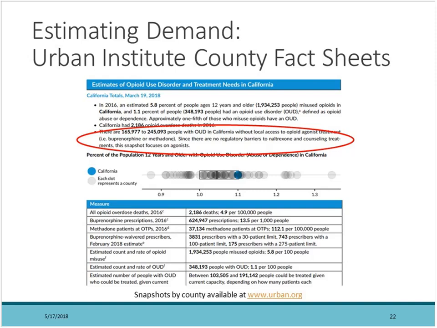Across the state, they estimate that there were about 2 million people in 2016 who misused opioids. About 1/5 of those, about 250,000, had opioid use disorder, and about 200,000 of those do not have access to medication-assisted treatment.